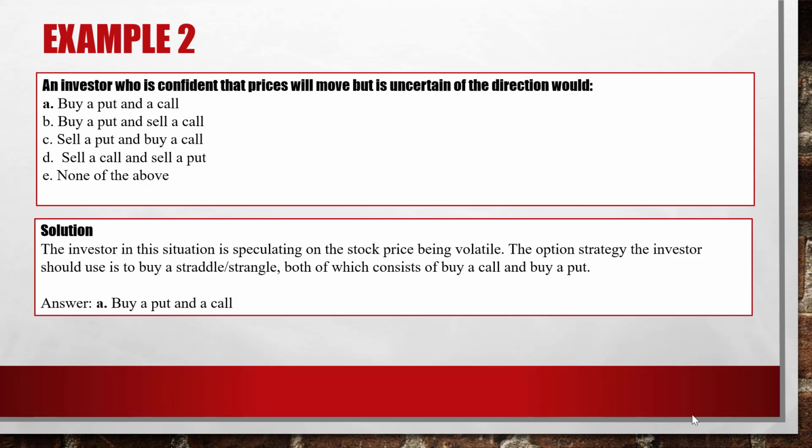In this situation, he should buy a put and a call, because the investor is speculating on the stock price being volatile. The option strategy the investor should use is to buy a straddle, which consists of buying a call and buying a put.